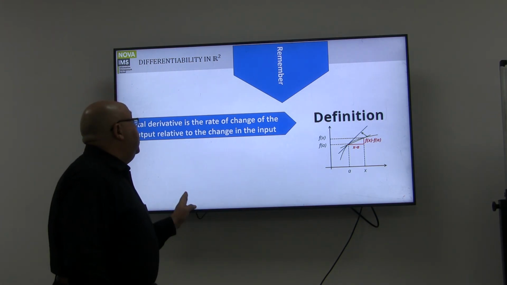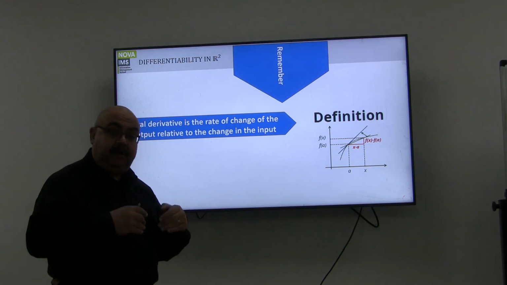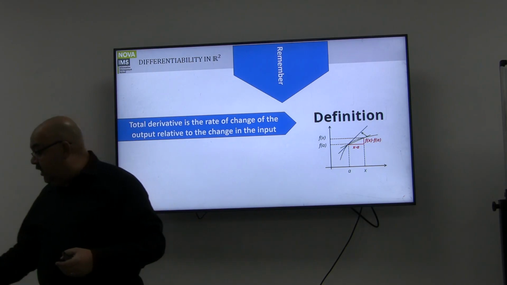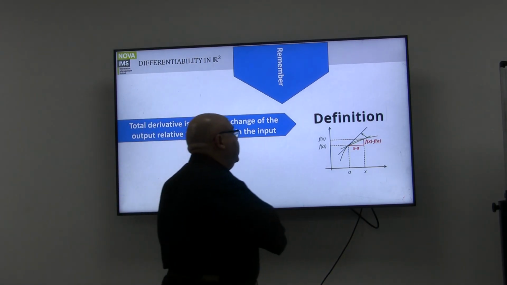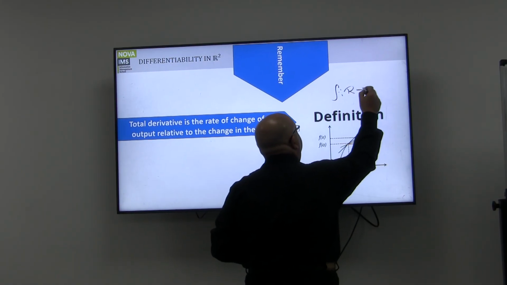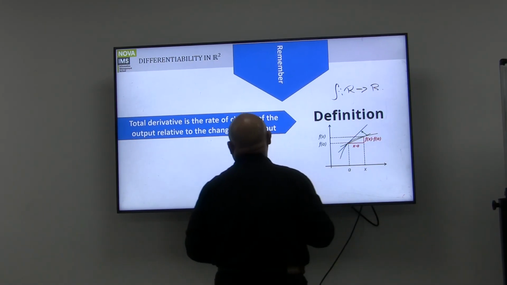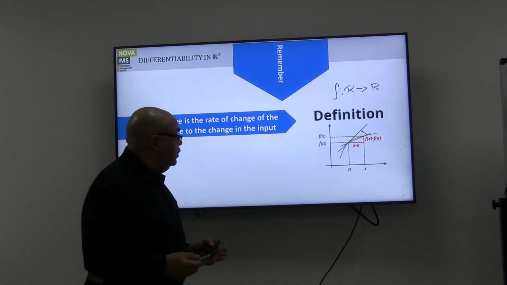Of course, this example is from R into R, covering functions in one variable, but we will use this as an introduction to go through R2 or Rn in general, as you will see.